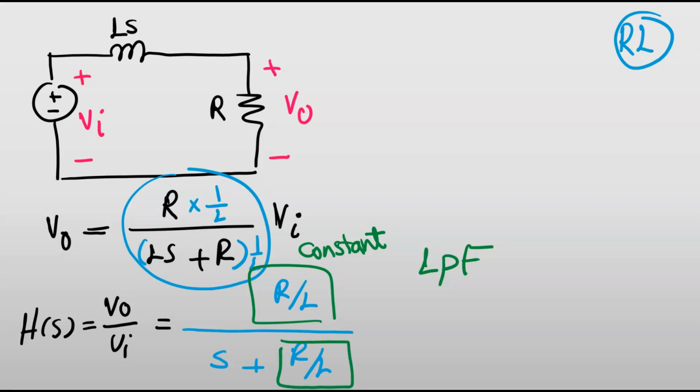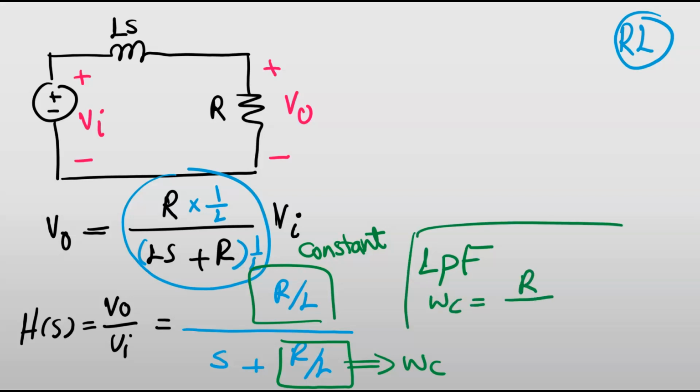And from here, I can say my cutoff frequency is equal to R over L, and the gain is equal to 1, because in the numerator I have k omega c, and since the numerator and cutoff frequency are exactly the same, it means that my gain is equal to 1. Now let's see what happens if I focus on the voltage of the inductor.